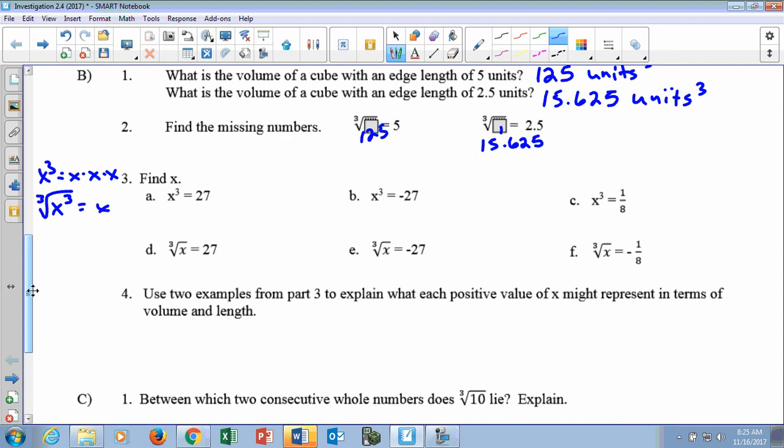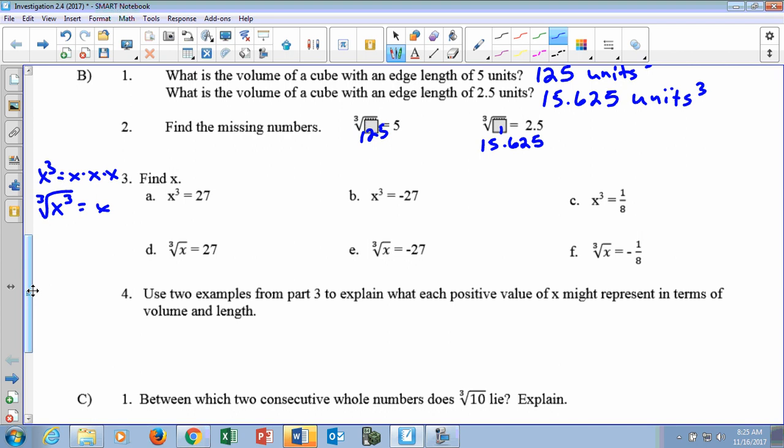The cubic root of that is x. Just like the cubic root of 125 is 5, because 5 times 5 times 5 is 125. So you see how that works with the squares the same way? Except now it's just one more number.